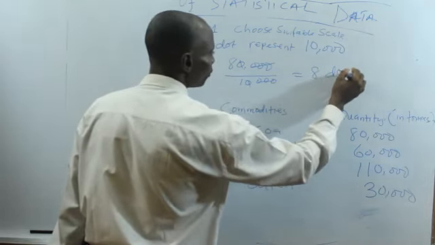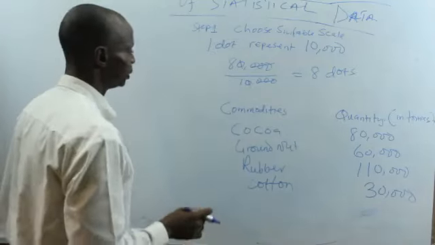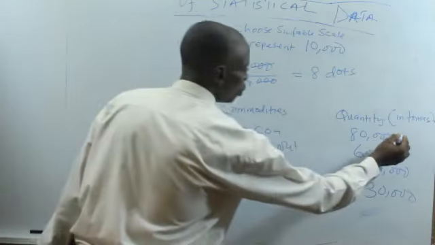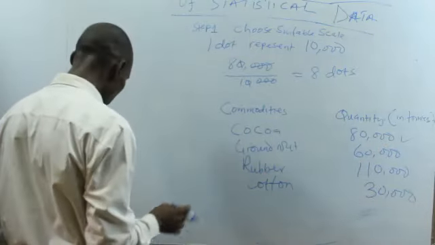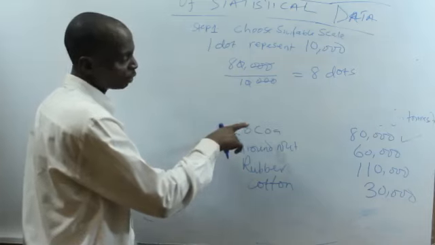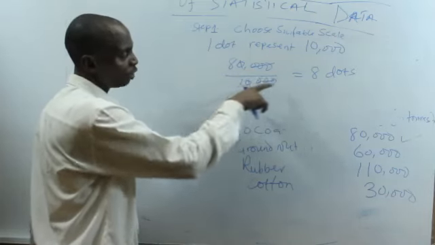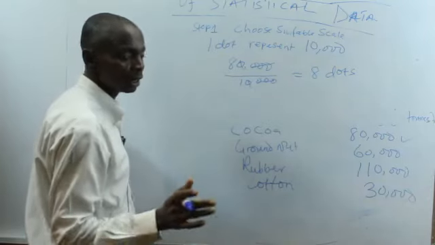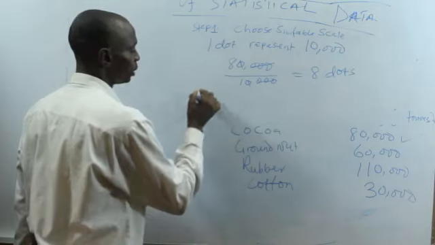You are going to have 8 dots. Then that is for cocoa. We have solved that of cocoa. That is 80,000 over 10,000, which gives you 8 dots.